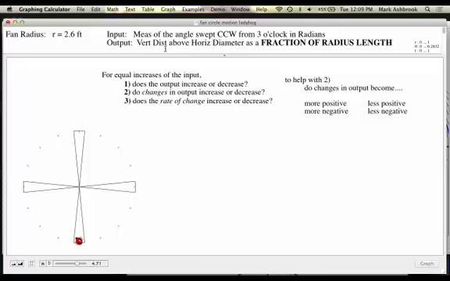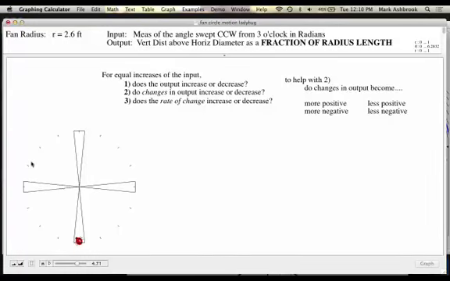It's not right. We have to get our quantities straight. There are two quantities in play: the angle swept counterclockwise from the 3 o'clock position, and the vertical distance measured as a fraction of a radius length. I'm asking about the vertical distance as a fraction of a radius length. You're confusing it with the angle measure.